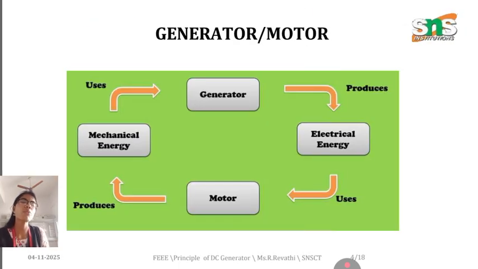The dynamo acts as a prime mover in this DC generator. We have discussed the energy conversion system, where in a motor electrical energy is converted into mechanical energy, whereas in a generator mechanical energy is converted into electrical energy.